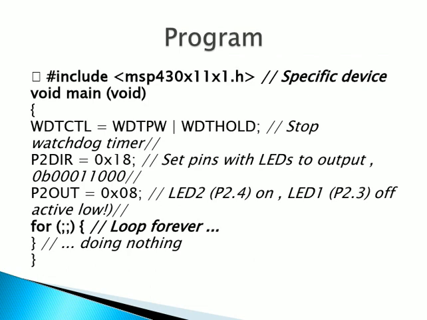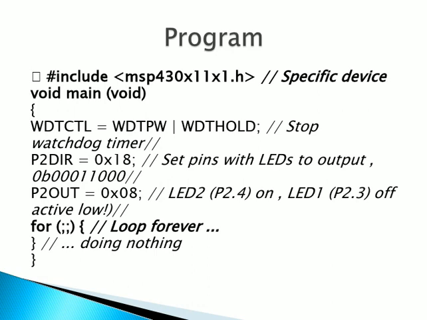First, you have to include the header file of the device, that is #include msp430.h. Then this is void main. Now WDTCTL = WDTPW XOR WDTHOLD. This is just to stop your watchdog timer. Then P2DIR = 0x18.